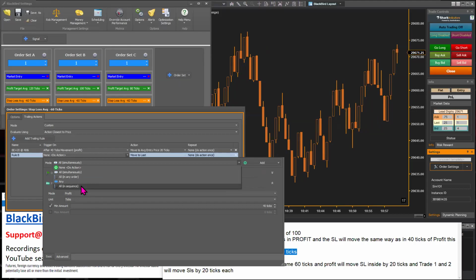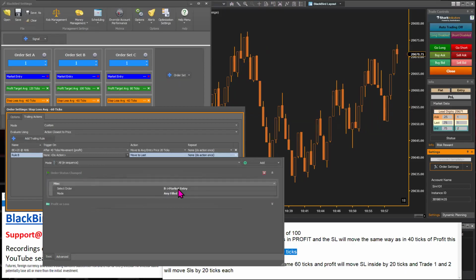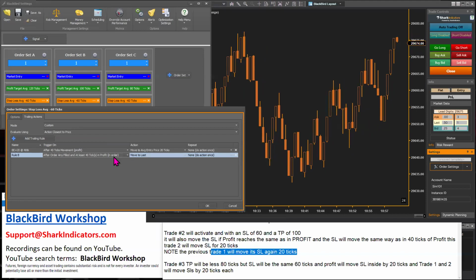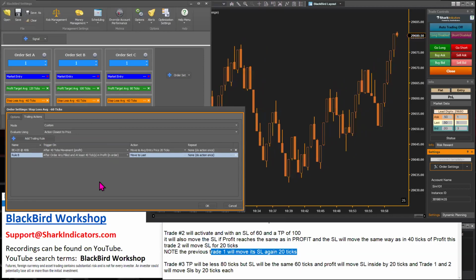Obviously the entry order gets filled first, and then some number of seconds later we would reach the 40 ticks of profit. So that's our condition there for moving the stop loss when B also moves.